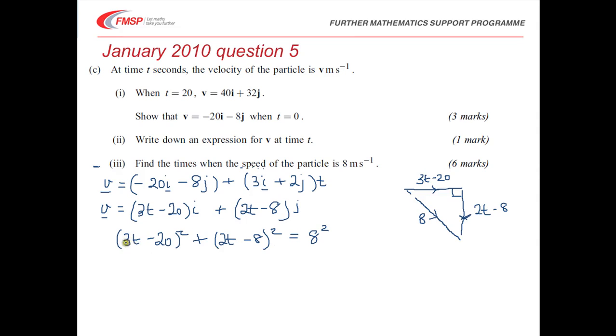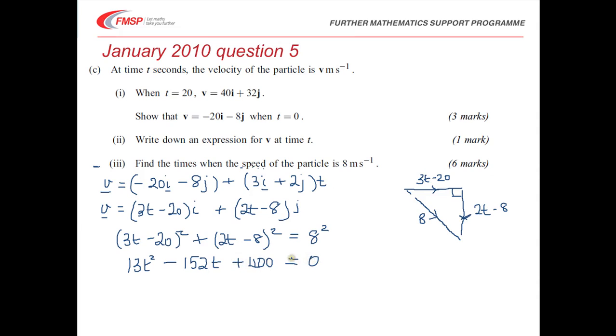When we do this, we'll get a 9t squared from there and a 4t squared from there, so that's going to be 13t squared altogether. We'll get a minus 120t there, and a minus 32t there, so that's minus 152t. So just check that you can get those. You're going to have a plus 400 here, plus 64 here, but we've also got a plus 64 here, so that 64 and that 64 will cancel out, and we'll have plus 400.